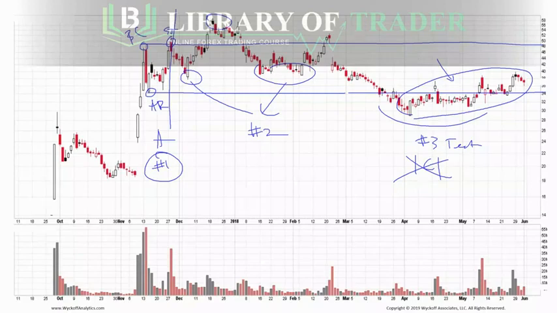It looks to me that it's going to come and maybe test that 34 level because there's lots of demand tails and a higher low, and then we've got some strength there with those pushes to commit to the upside above 38, I guess, that local high. And so I would say maybe back up to 34 and then make a commitment to the upside.